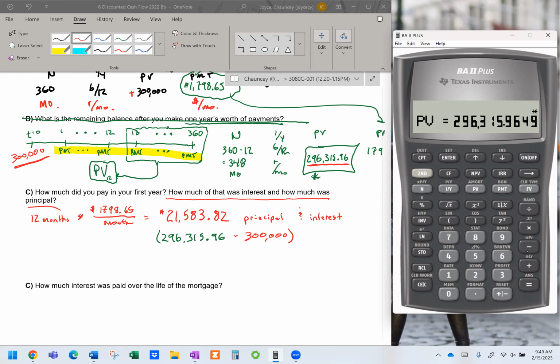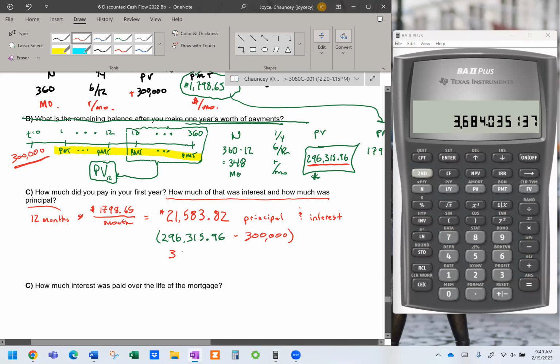PV, I still have that, minus my 300,000 equals negative, but we're subtracting this. So here, remember that had a negative in front of it. So there we go. Our change in principal, we reduced it, right? $3,684.04. So that is our change.